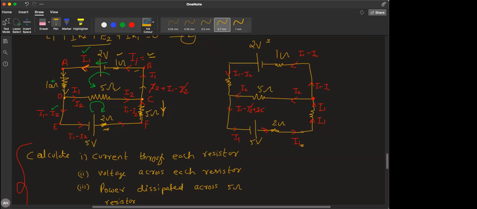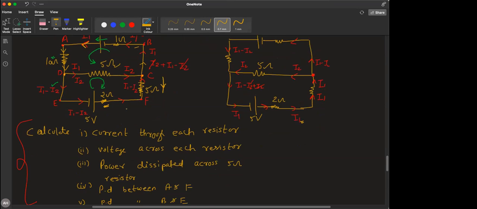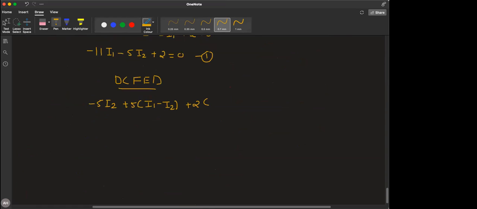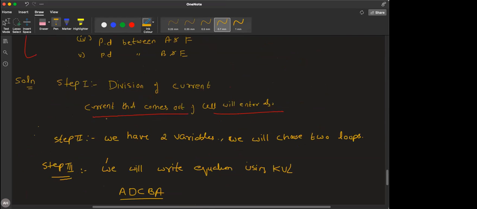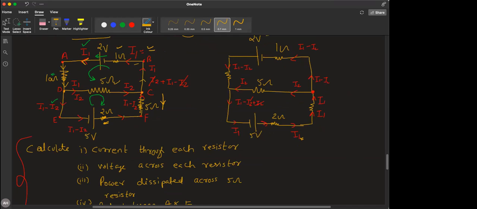So what would be the voltage drop? Plus 2 into I1 minus I2. This is I1 minus I2, which is passing through this resistor. This is the direction of current. We are going from F to E, opposite to the direction of current. So it's plus 2 into I1 minus I2.